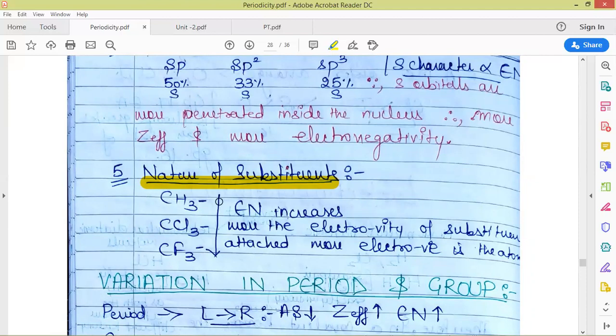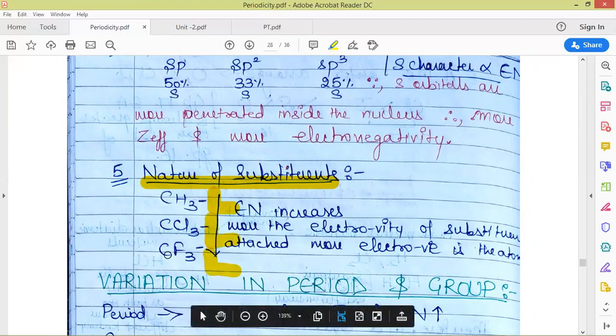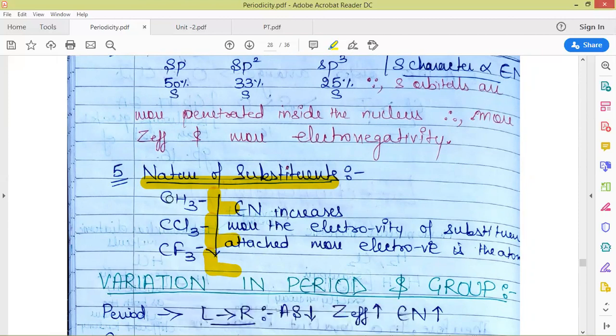Say it is bonded to some other atom, say L, then electronegativity of carbon which is bonded to L and is further attached to 3 fluorines is more in comparison to this carbon which is bonded to 3 hydrogens and is also bonded to L.